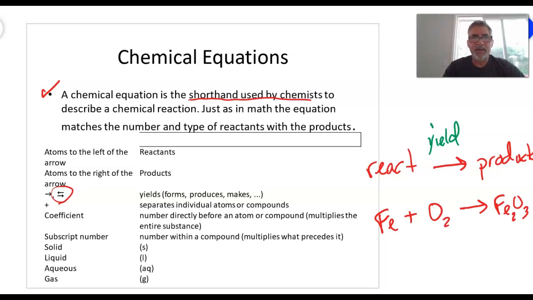If we look at this reaction, I have my reactants and my products. Right now, I don't have the same amount of reactants and products. I have one iron atom here, and I have two there.